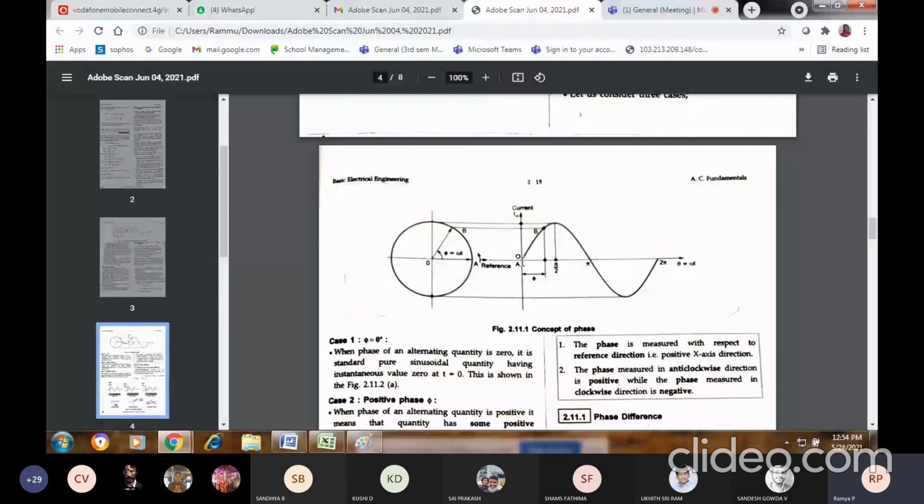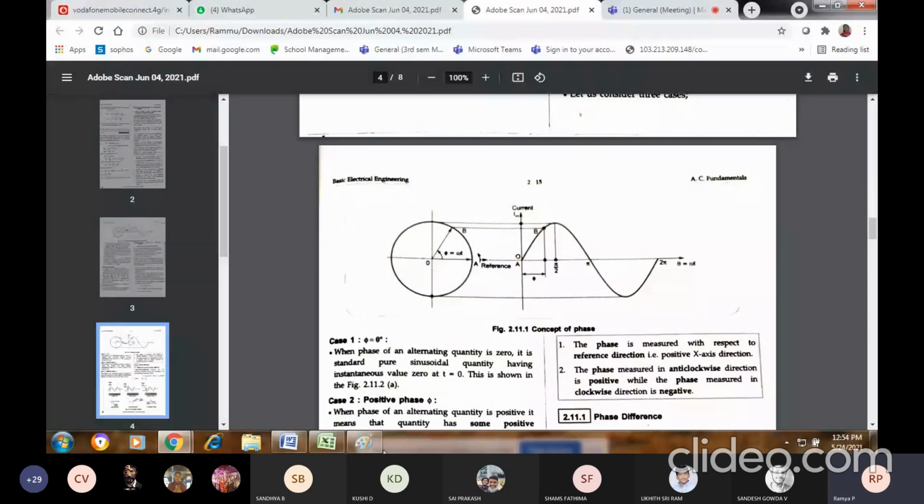And can anyone tell me what happens when the angle phi is positive, at time t equals 0 only? It is something like this, I can indicate.